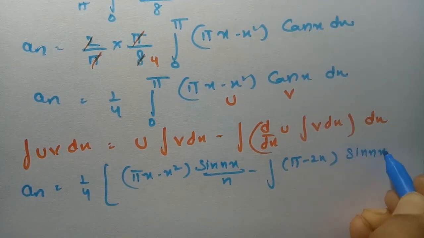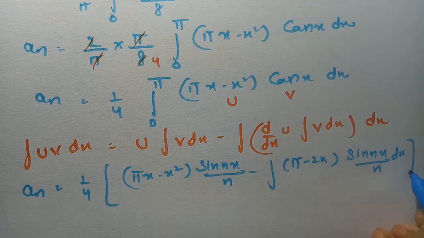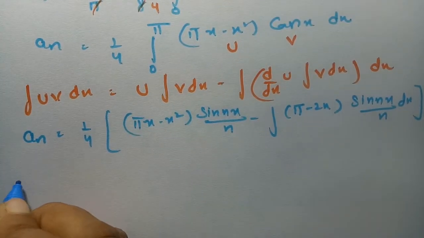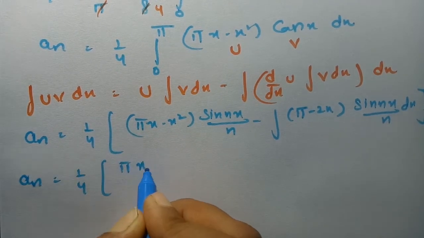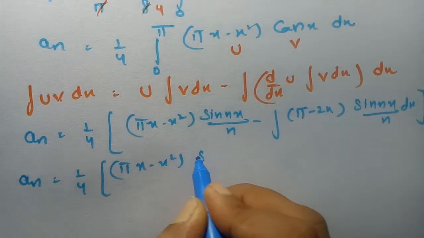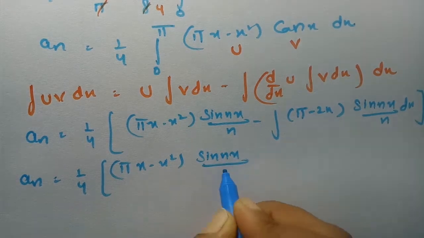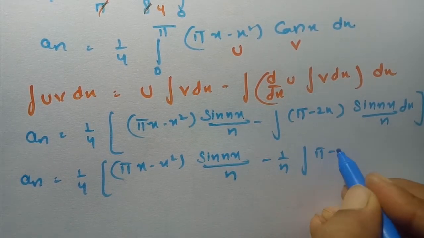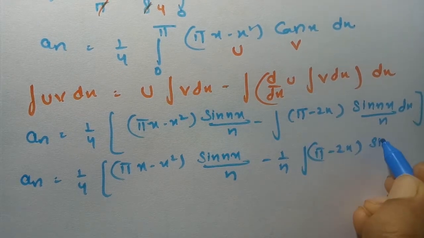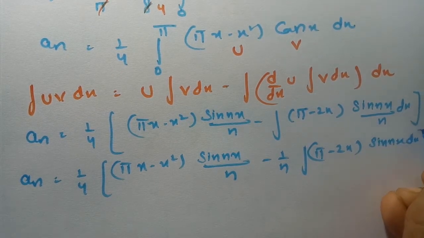This will be sine nx by n of dx. Now an value is equal to 1 by 4 times of (pi x minus x square) sine nx by n, minus, I can bring this 1 by n outside, integral (pi minus 2x) into sine nx dx.